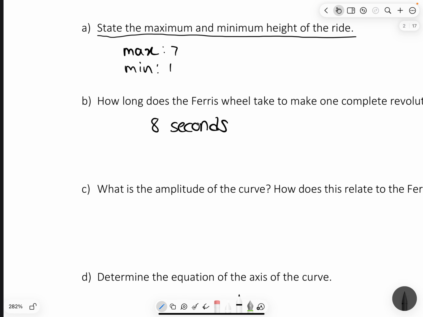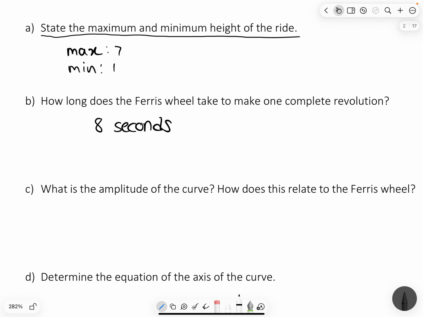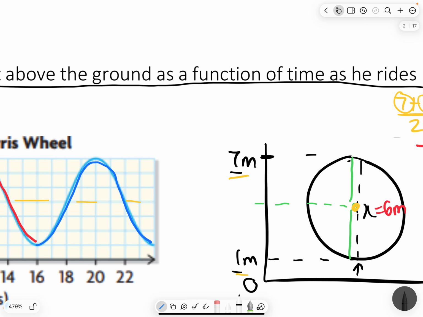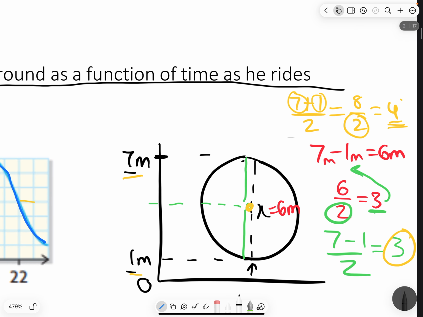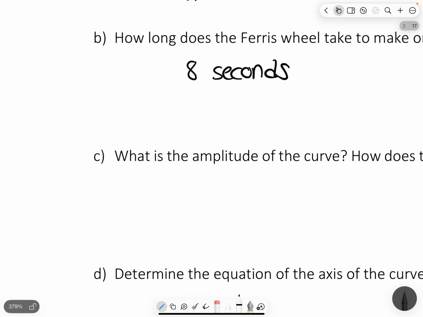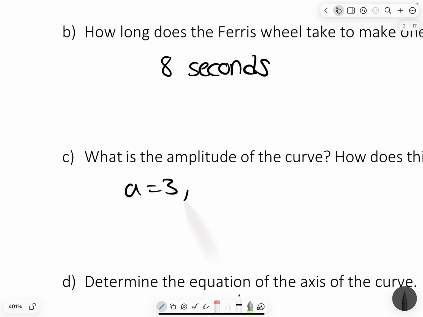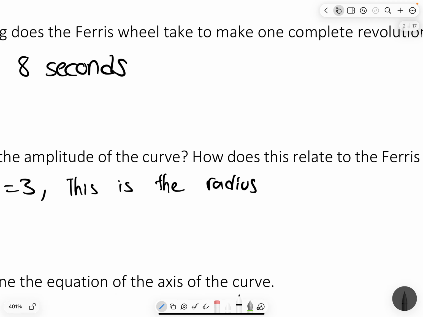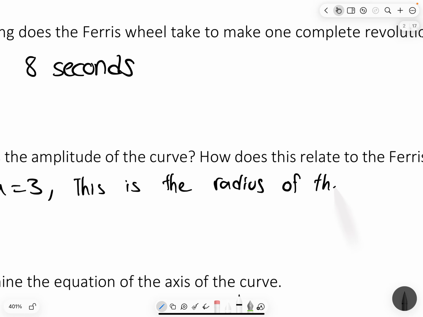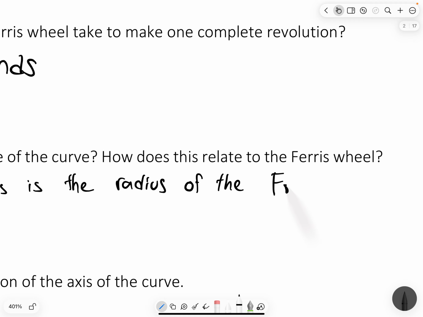So now we can write, what is the amplitude of the curve and how does this relate to the Ferris wheel? As we figured out here, the amplitude of the curve is 3. A equals 3, right? And how does this relate to the Ferris wheel? This is the radius of the Ferris wheel.